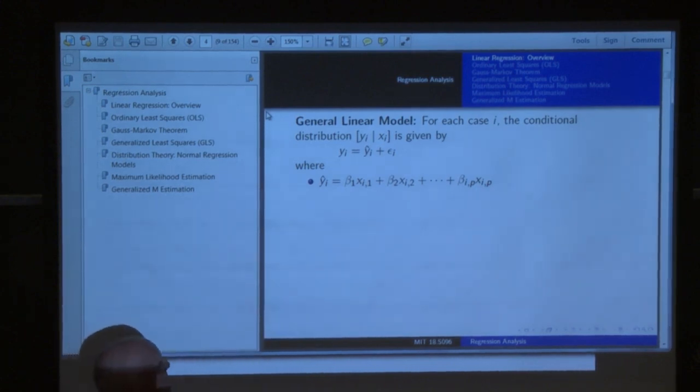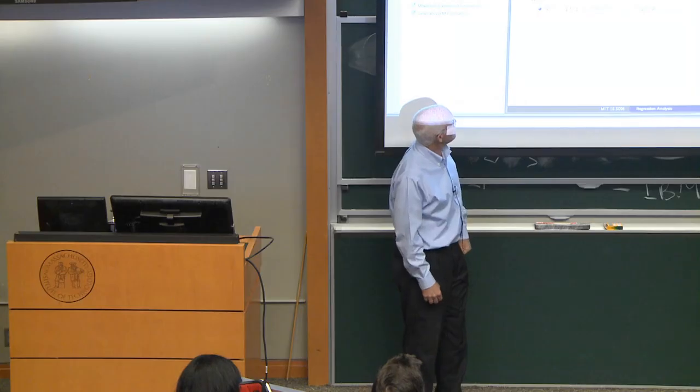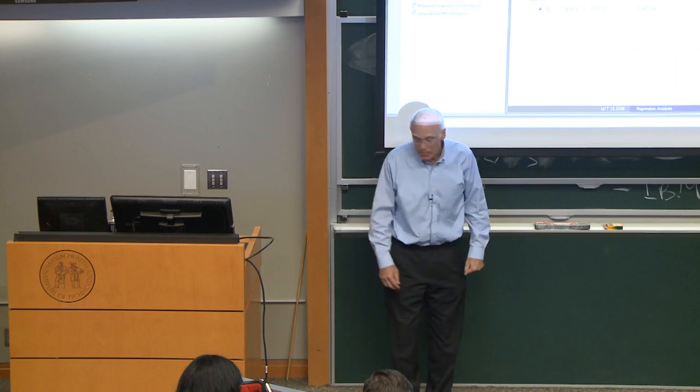The x_i1 through x_ip are the p explanatory variables that possibly relate to the response variable, and beta 1, beta 2, through beta p are the regression parameters, which are used in defining that linear relationship.